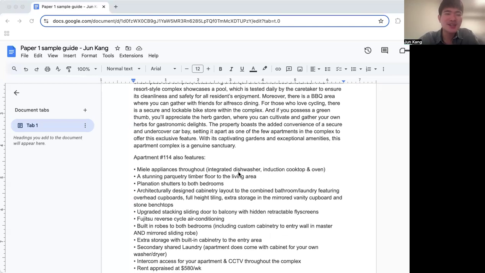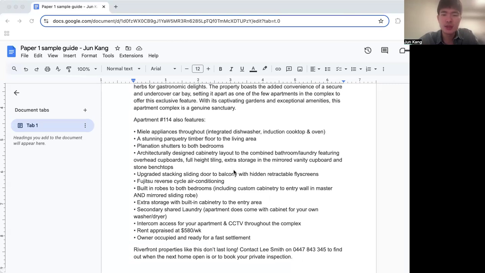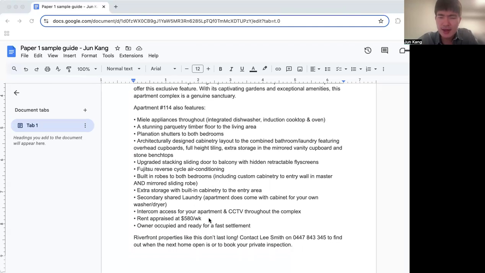These are pretty practical ones, but it really frames the whole complex as a self-contained lifestyle ecosystem, right? Does that make sense? This also lists real benefits such as, we see reverse cycle air conditioning here, intercom access here, rent appraised at $500 a week, right?